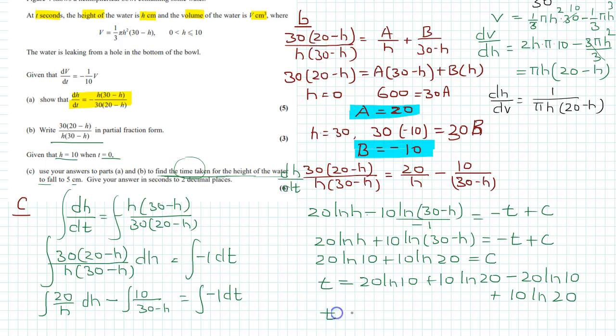So this will give you t is equal to 11.63 seconds, up to 2 decimal places. So that is the value of t.